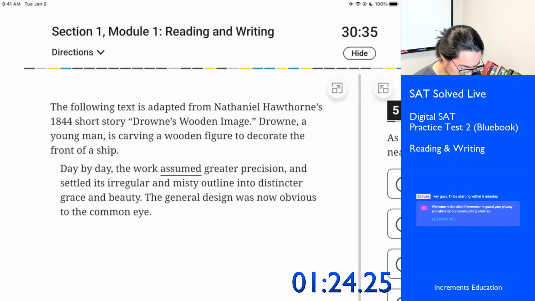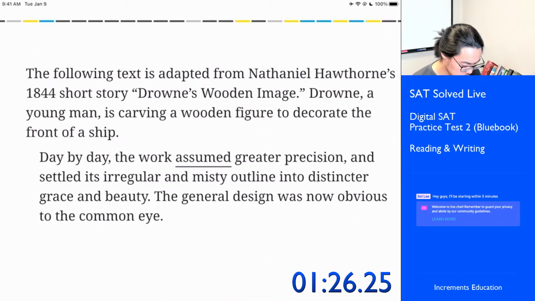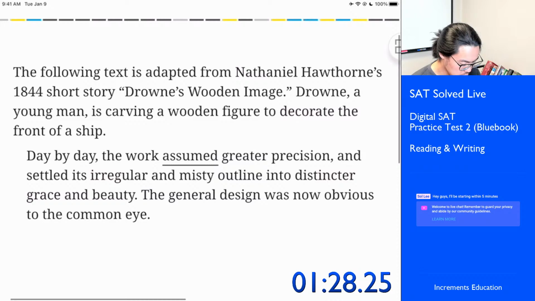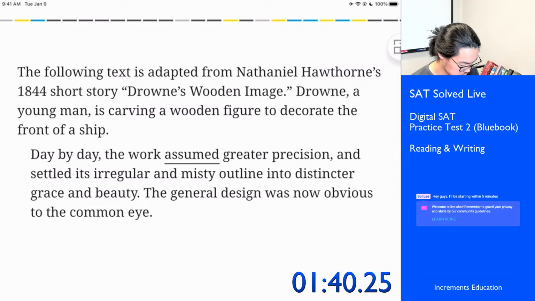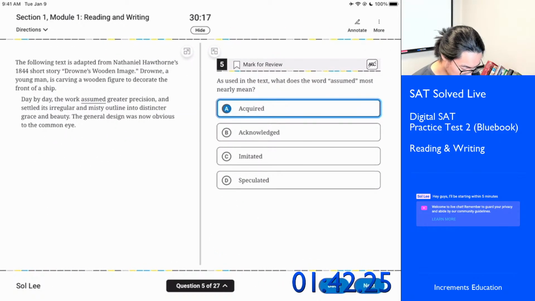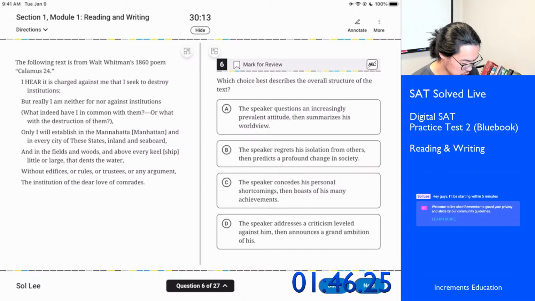Hang on, we're in the assumed, okay, we're still in vocab. We're in the vocab section. The following text is adapted from Drown's wooden image. Carving a wooden figure to decorate a ship, the work assumed. It took on greater precision. Acquired. Yep, I just had to quickly double check.